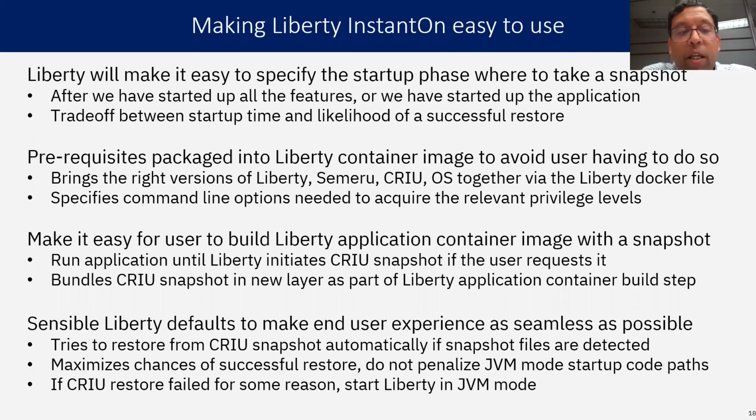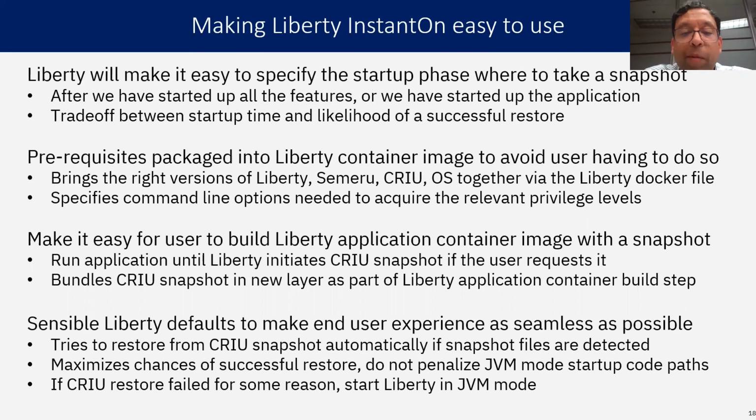We also make it easy for a user to build their container image with a snapshot. So if you go to the Liberty framework page, you can see that there are already instructions that are quite straightforward and natural to help you build an application container image using the base Liberty image. So think of the step to build an image with a snapshot as an extra couple of steps.